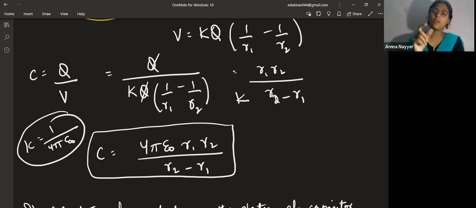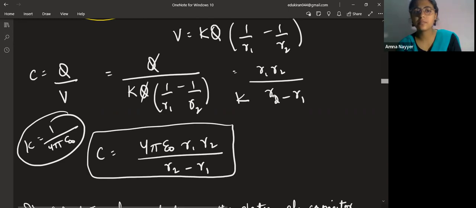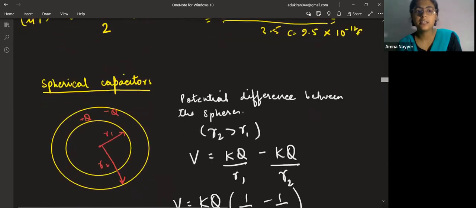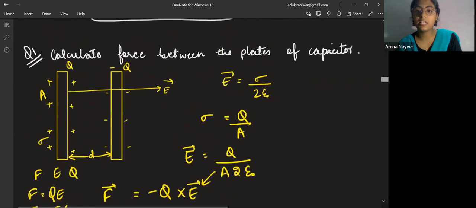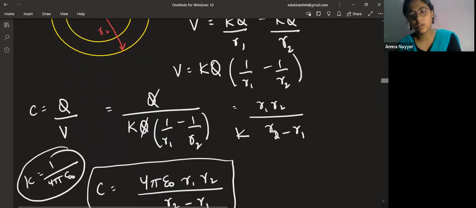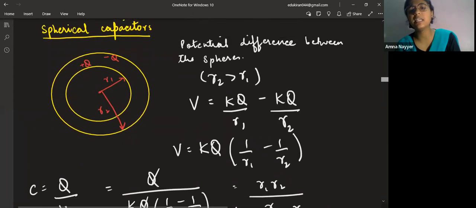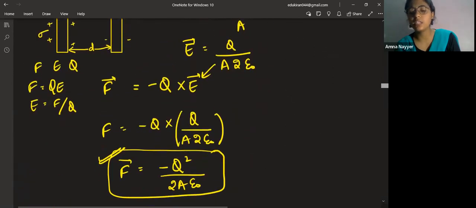Derivation you don't need to do. If the radii are equal, you can put R1 equal to R2 and see whatever answer you get. Directly it is R2 minus R1. So if it is not concentric, this formula is actually used for concentric only.